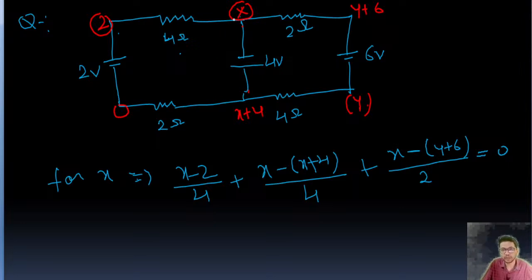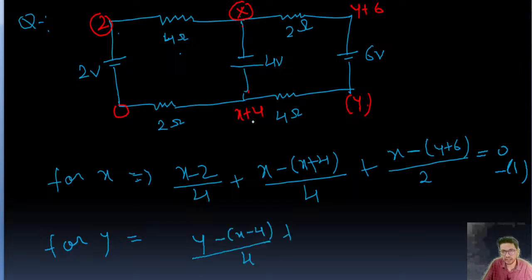So there are no other points, right? This is equation number 1. Now for y. For y, simple. This is going to be (y minus (x plus 4)) upon 4, plus this one, (y minus (y plus 6)) upon 6, right?